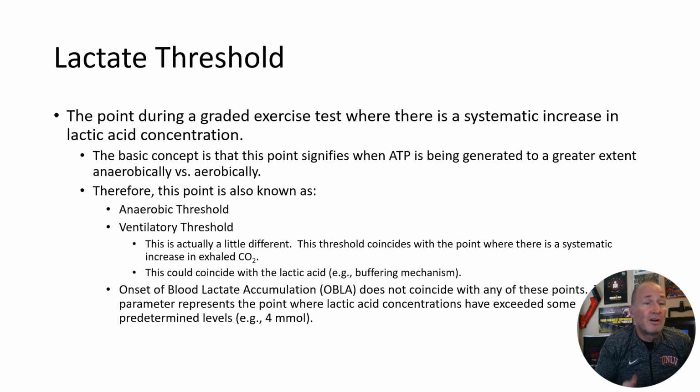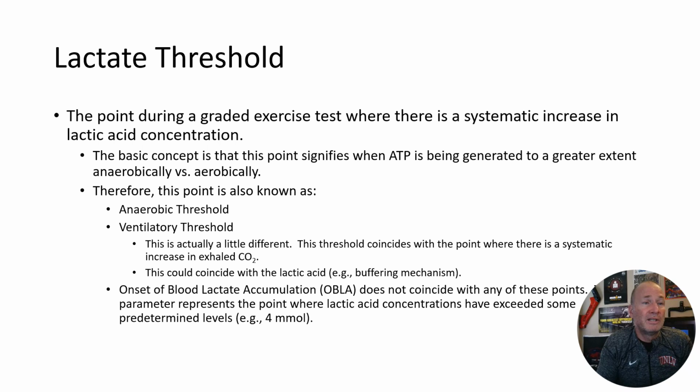Therefore, this point is also referred to as anaerobic threshold, ventilatory threshold, or even onset of blood lactate accumulation. Each of these are sort of unique in their own world, but they're all trying to signify the intensity of exercise where the anaerobic system really starts to kick on. All right.